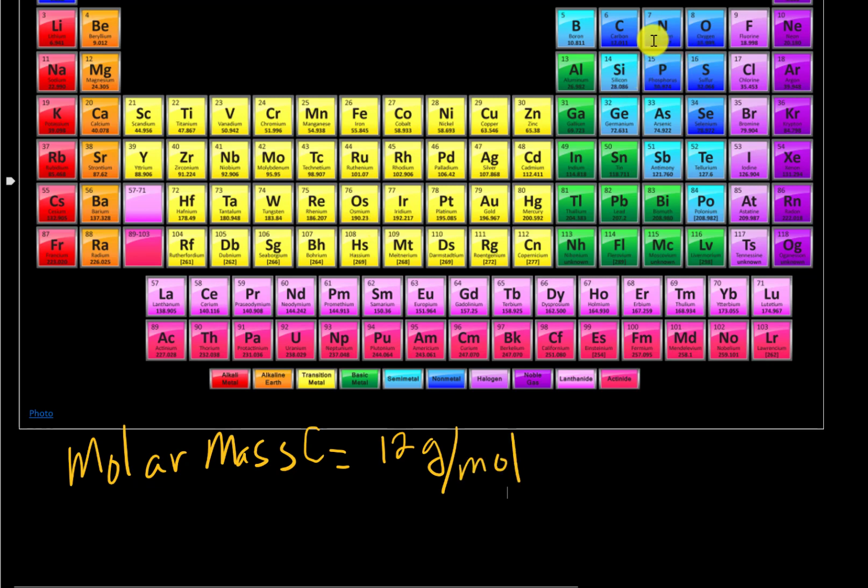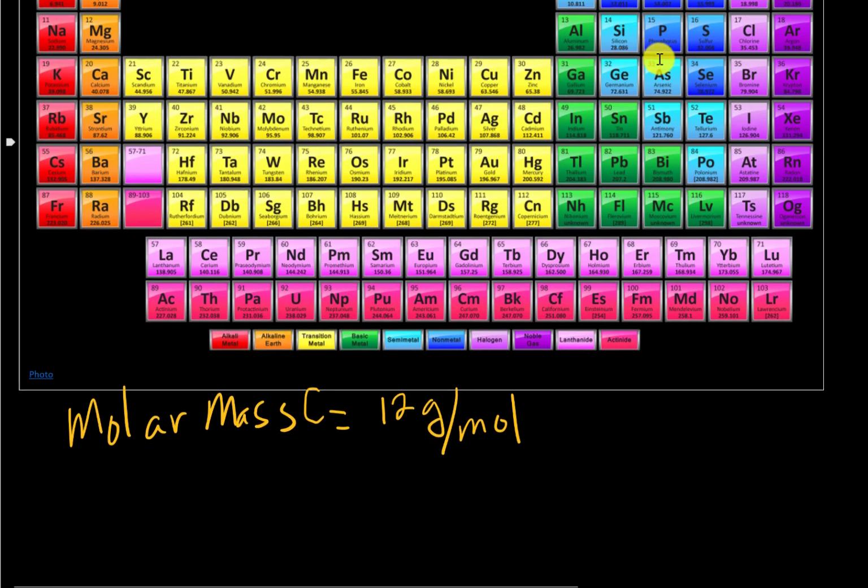This gets to be really, really easy because now we can just take the average atomic mass on any of these atoms or any of these elements, and we can simply know that if nitrogen's average atomic mass is 14.007, then a mole of nitrogen must be 14.007 grams per mole.